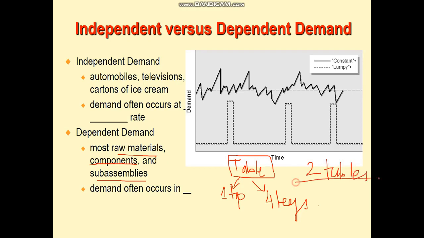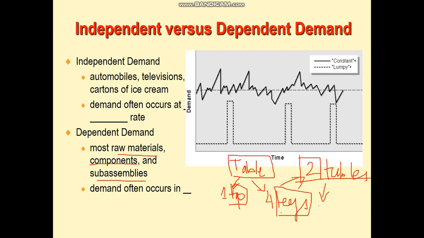So is it dependent or independent, the demand of 2 tables? It's independent, right? However, if we need 2 tables, we need to order 2 tops and 8 legs. And the demand for the tops and the legs depends on the demand of the table.